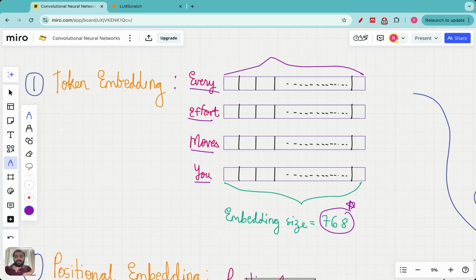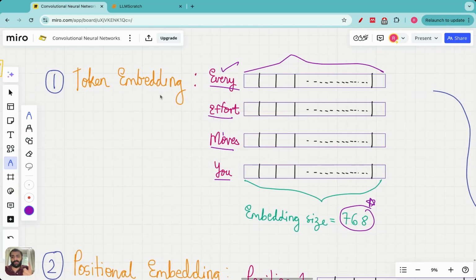When we start out, the vector for cat and the vector for kitten are initialized in random directions. But when the embedding vectors are trained, they will be closer together, more aligned. So right now, for the token "every", "effort", "moves", and "you", we randomly initialize vectors in the 768-dimensional space. That is the first step, token embedding.